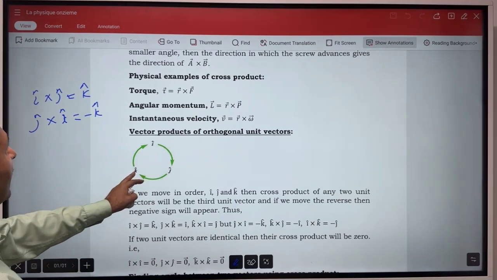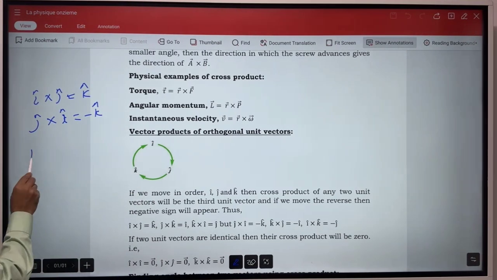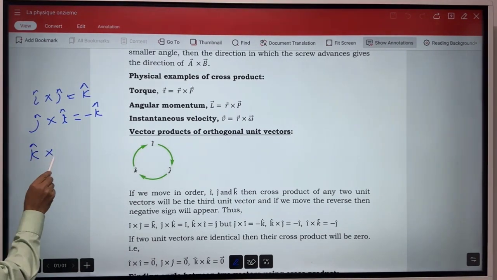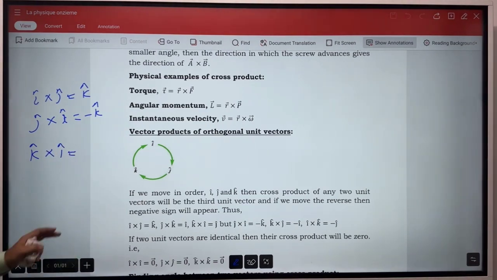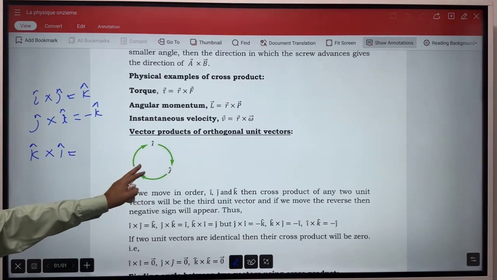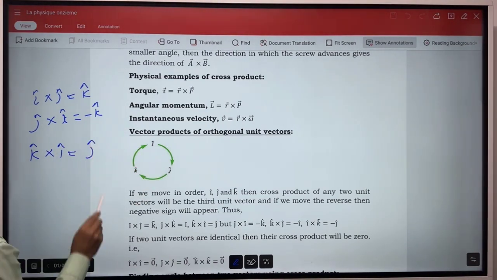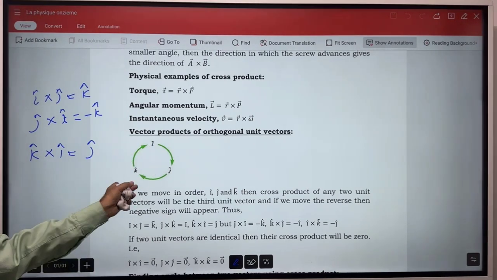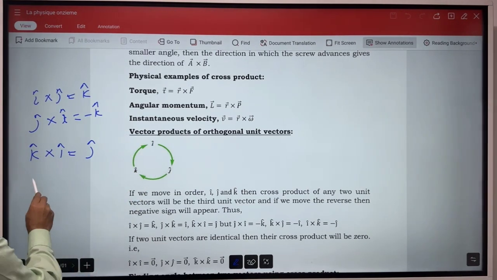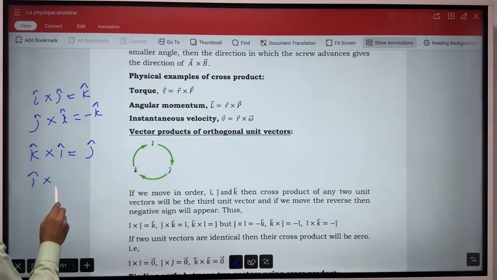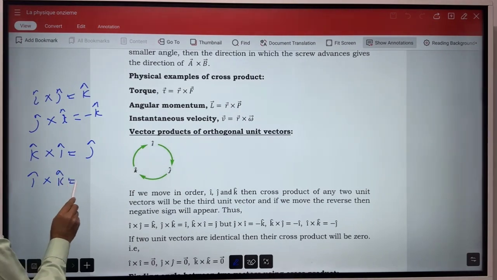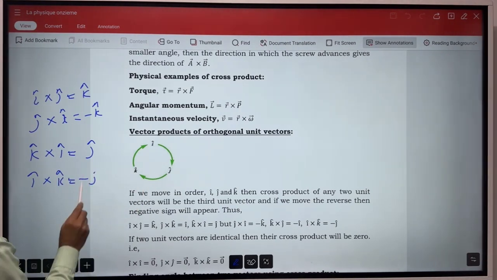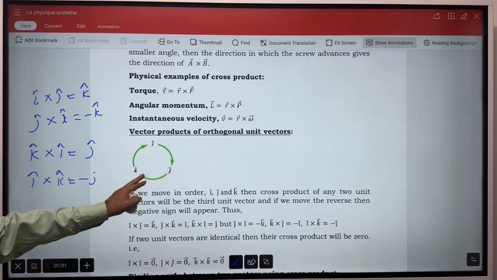Similarly, suppose you take k cap cross i cap. You are moving in the direction of the arrow, so you get the next vector. But if you move just opposite, i cap cross k cap, you will get minus j cap. The same is true here.